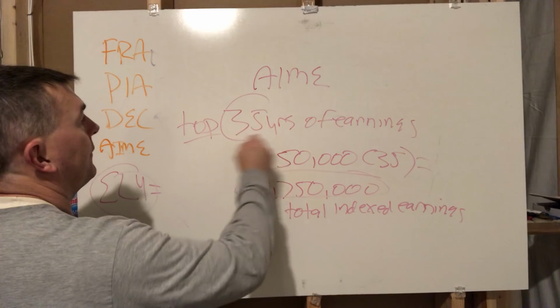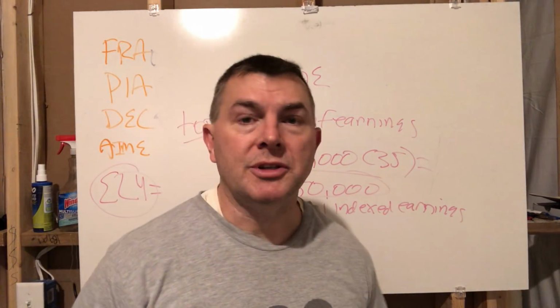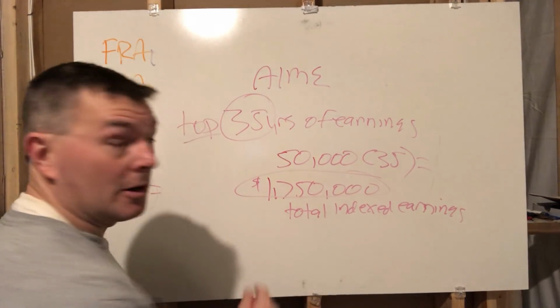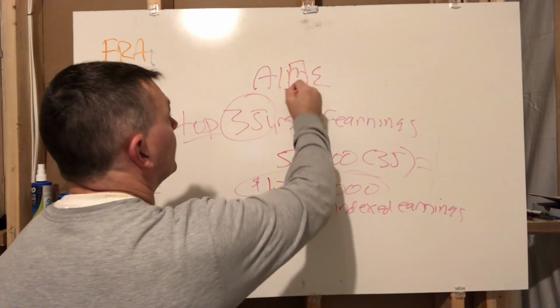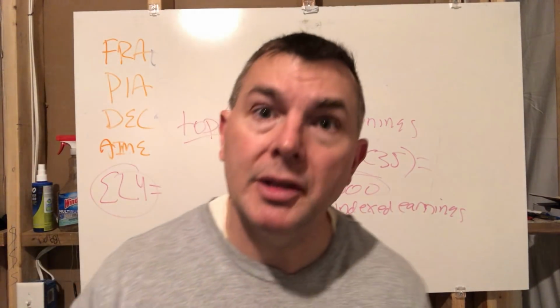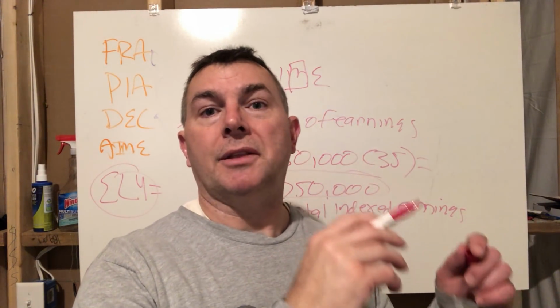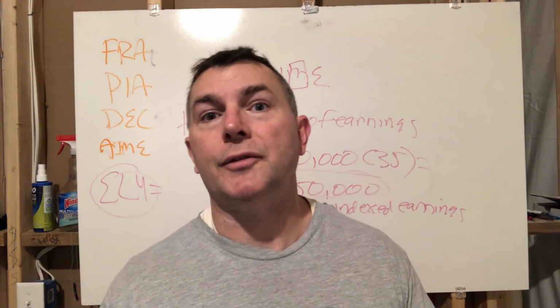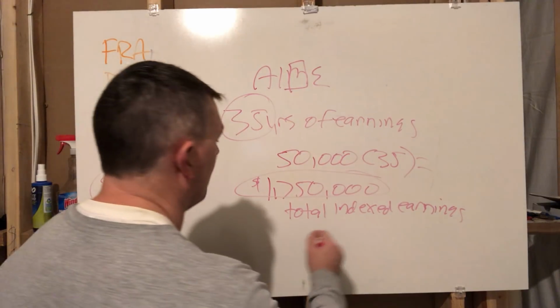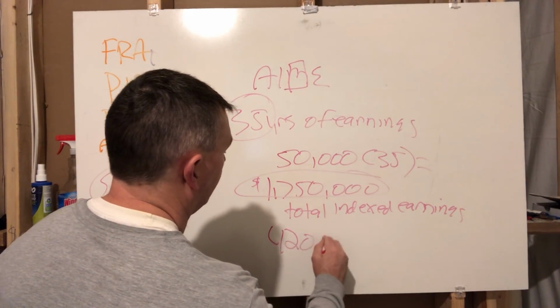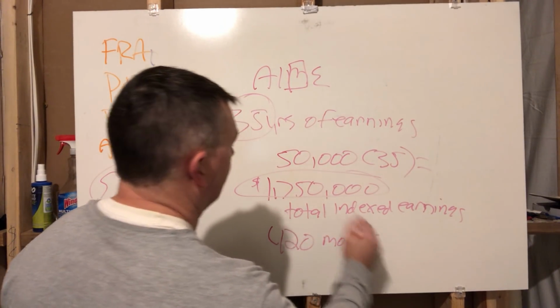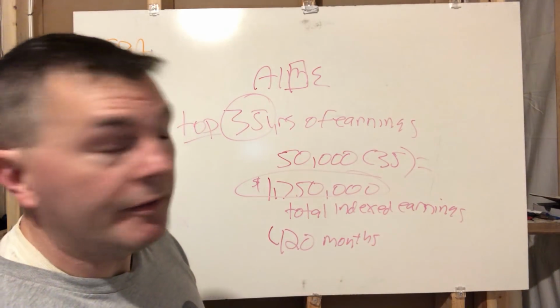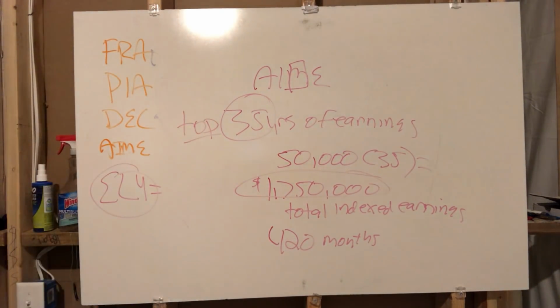But because it's 35 years, which is 12 months a year, we've got to get our monthly indexed earnings, our average indexed monthly earnings, which is based on 35 years of earnings. 35 times 12 is 420. We have 420 months. So we have to take 1.75 million and divide by 420.